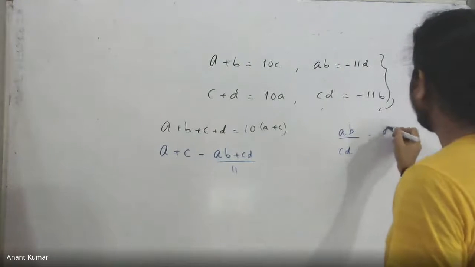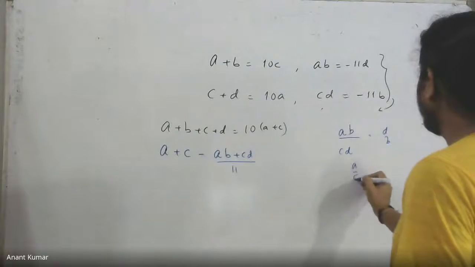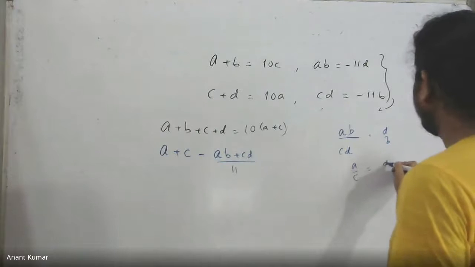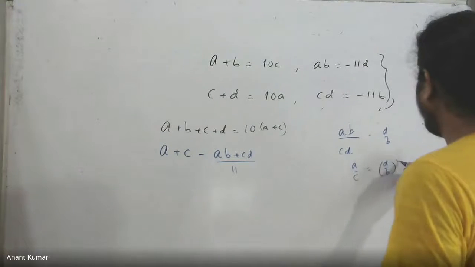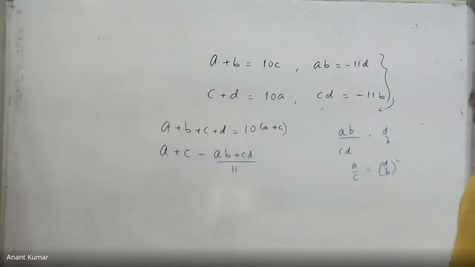So divide them, what do I get? D by B, so I get A by C equal to D by B multiplier. That doesn't matter much. And then if I divide those equations, nothing happens.